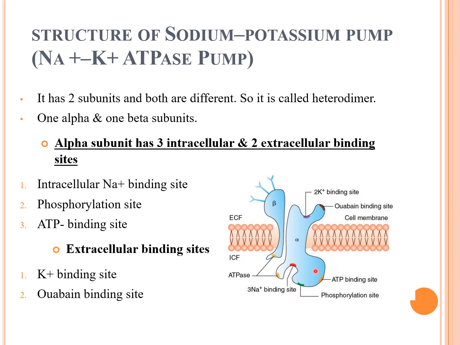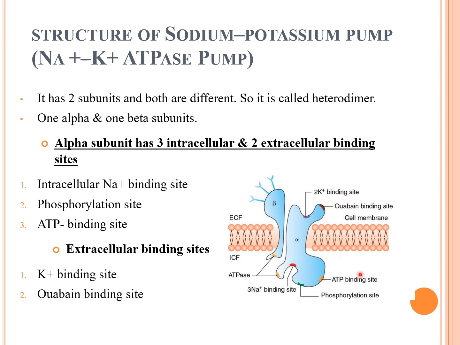There are 3 intracellular binding sites and 2 extracellular binding sites. What are the 3 intracellular binding sites? We have 3 sodium binding sites, a phosphorylation site, and an ATP binding site. In the extracellular side, we have 2 potassium binding sites and an ouabain binding site. So these 2 are the extracellular binding sites.